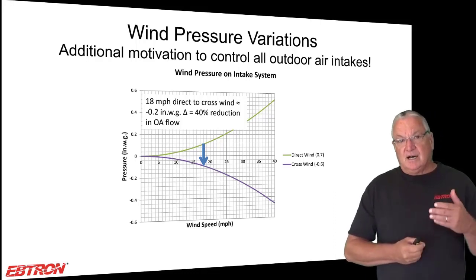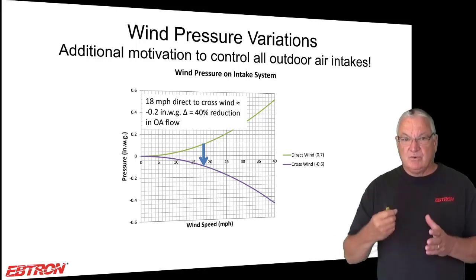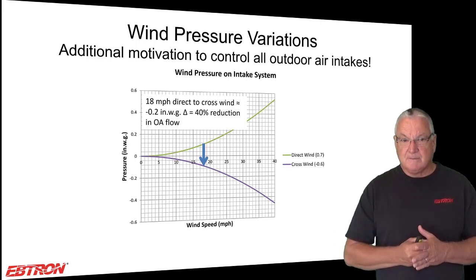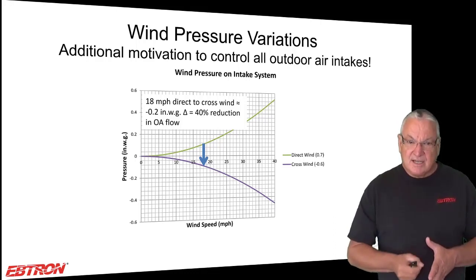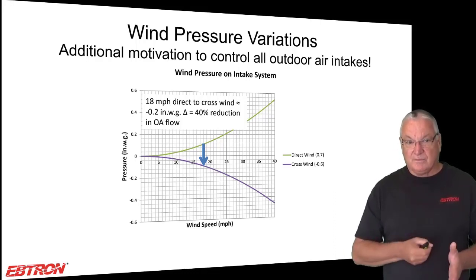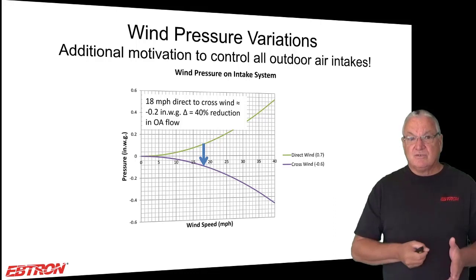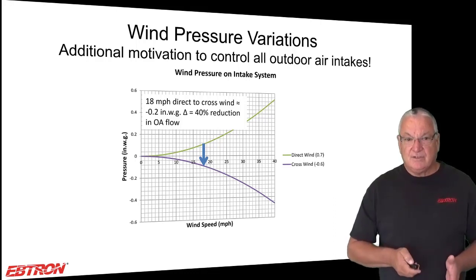In fact, the example shows if we go from an 18-mile-an-hour direct wind, which is a positive pressure on the intake system, to an 18-mile-an-hour crosswind, which is a negative pressure on the intake system, we see about a 2/10 of an inch change in that overall pressure, and that would also result in about this 40% change in the outside airflow rate.